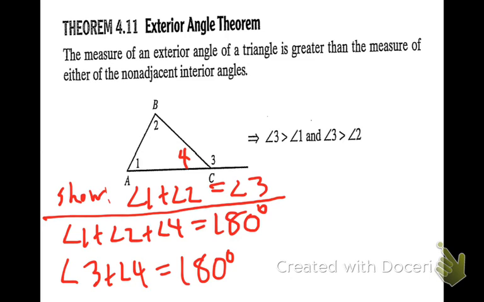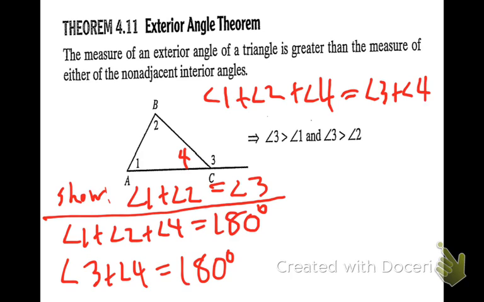So now, since both of those two statements equal 180, we can say angle 1 plus angle 2 plus angle 4 is equal to angle 3 plus angle 4.